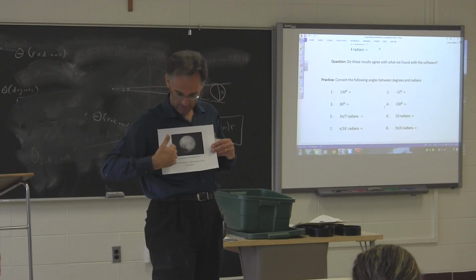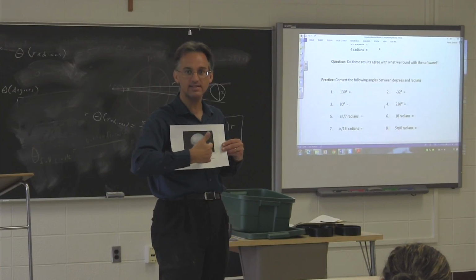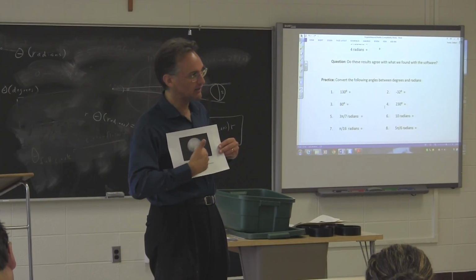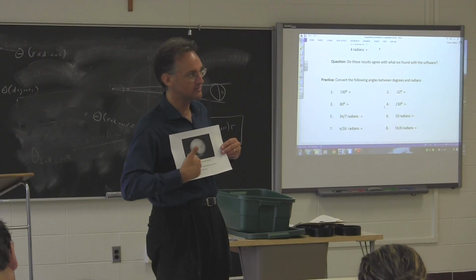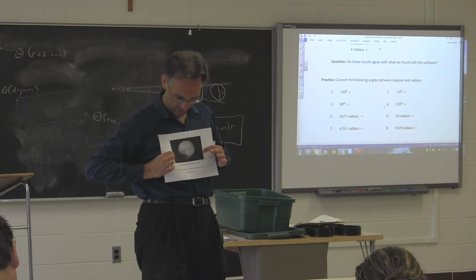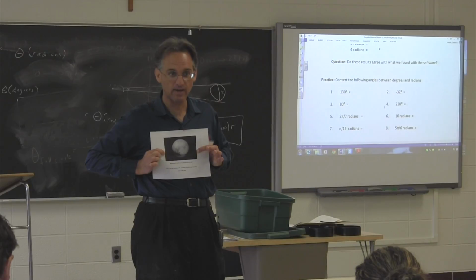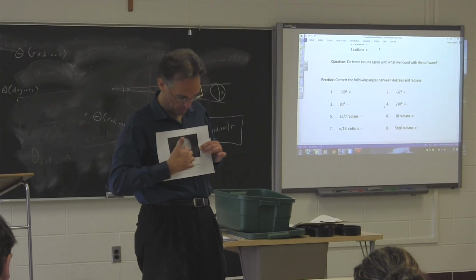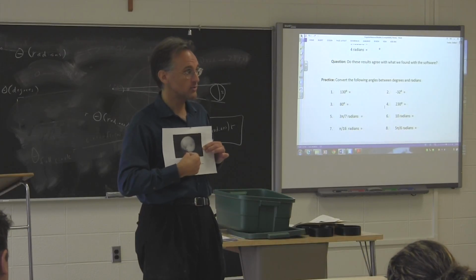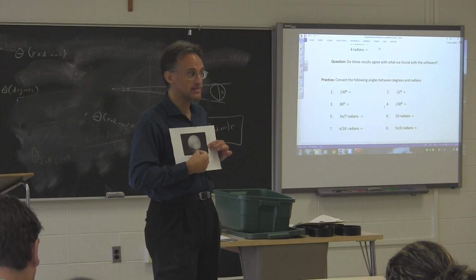So you can figure out how many milliradians there are across the entire picture, and therefore figure out how many milliradians there are across the picture of Pluto. Right? If you know how many milliradians there are across this entire black rectangle, you can get the number of milliradians across Pluto by measuring. Okay? So we're not going to do that now. We'll do that next time.